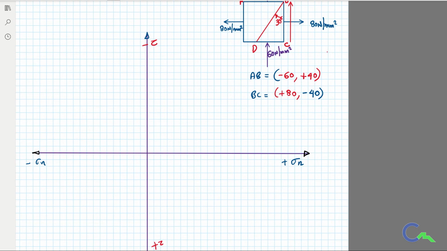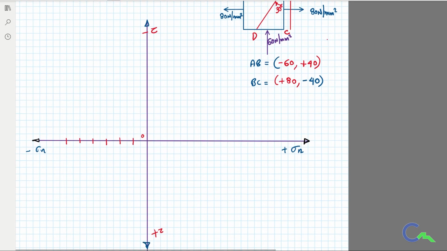For that, first one, that is minus 60, if this is 0, I am going to take minus 10, minus 20, minus 30, minus 40, minus 50, minus 60. In the y direction we have plus 40, therefore in the y direction I take plus on the downwards.